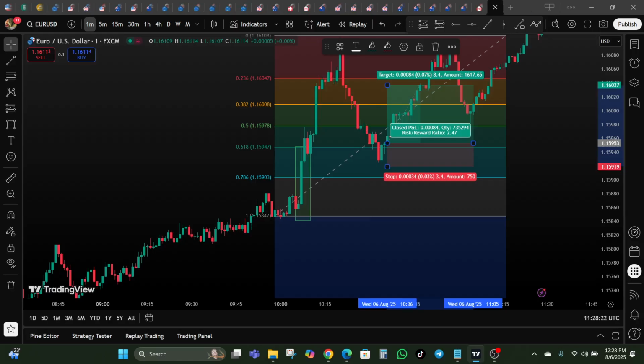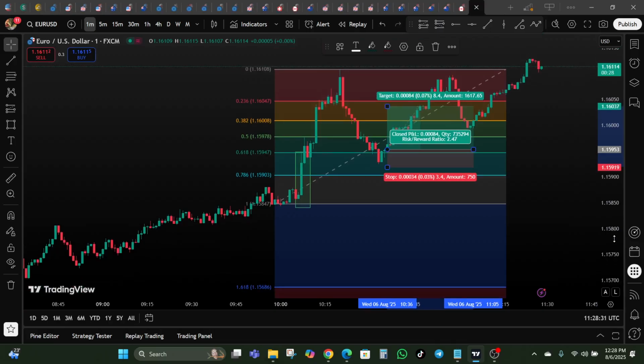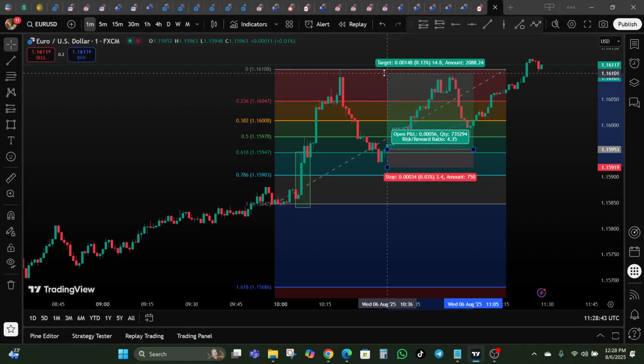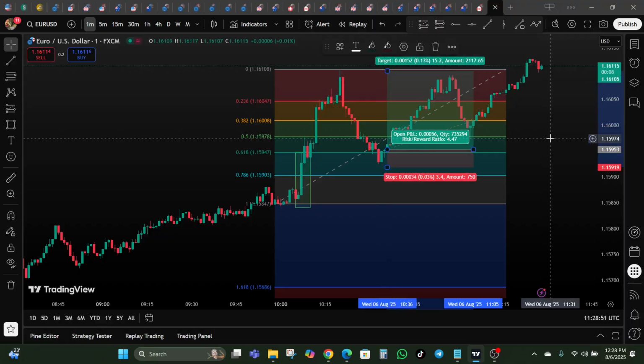And then for our take profit, we can actually use Fibonacci levels. You can just target the high for this, or if you want, you can use the Fibonacci extension tool.